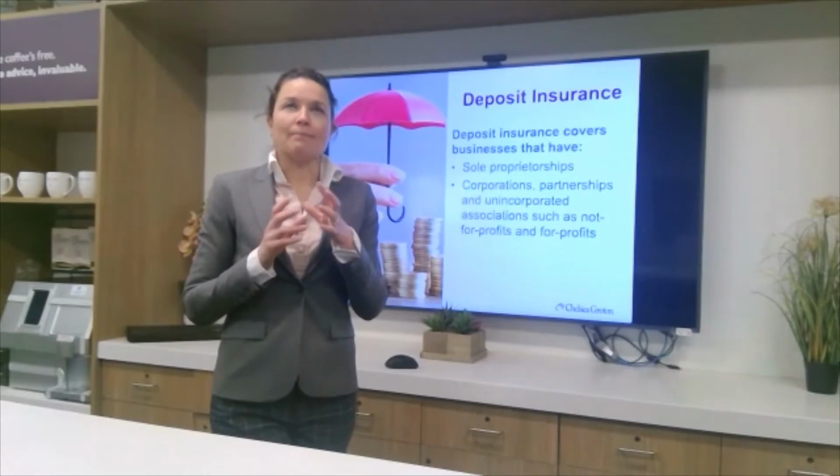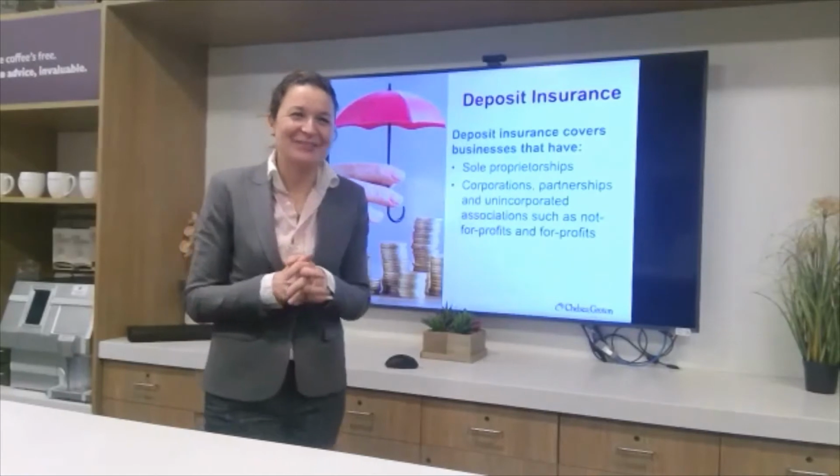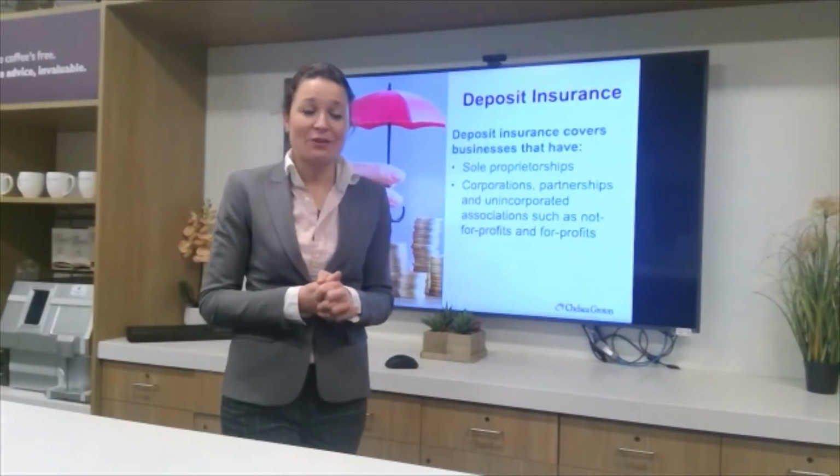One thing, it's a great problem to have if you have over $250,000, because that means that your business is really flourishing and you've really built up a good balance.